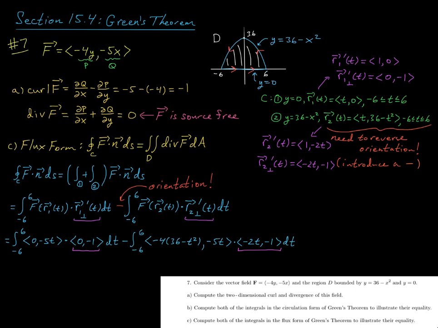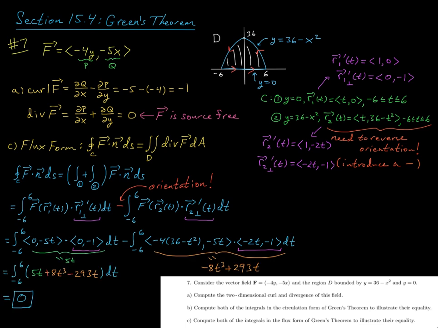Now the evaluation of your vector field along R1 as well as R2, those parts are the same as the previous calculation. For R2 perpendicular prime here, R2 prime is just 1, -2. So we swap coordinates and then we stick a negative in front of the i component for R2 prime. So we get this.